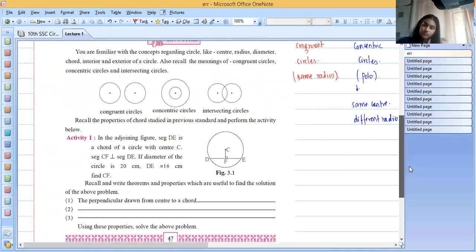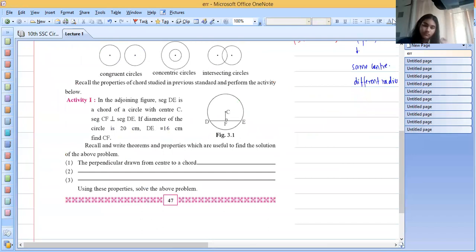Then chord of a circle. To understand the chord of a circle, we will understand what is a secant to the circle.